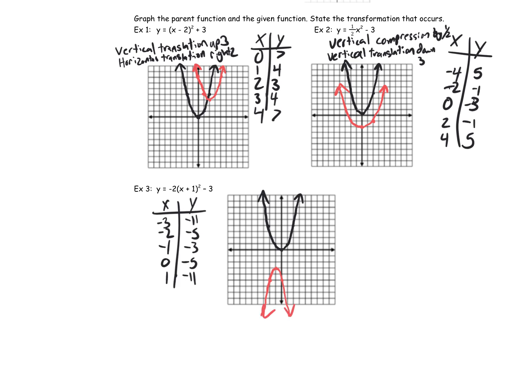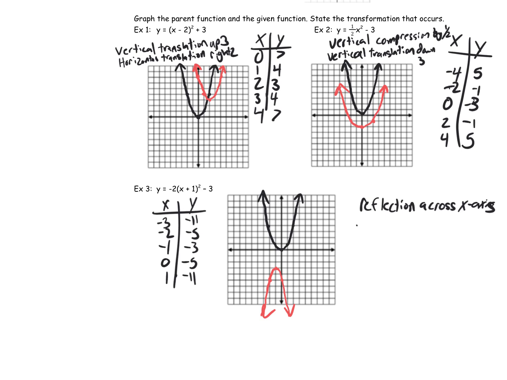Okay, so lots of transformations have happened here. We have a reflection across the x-axis, and we have that because our a is negative.